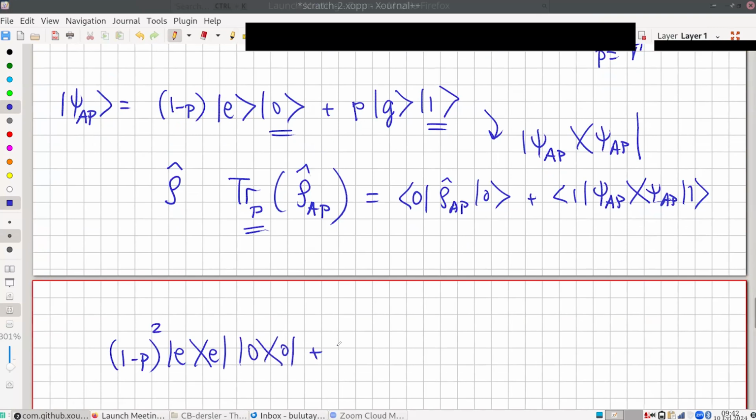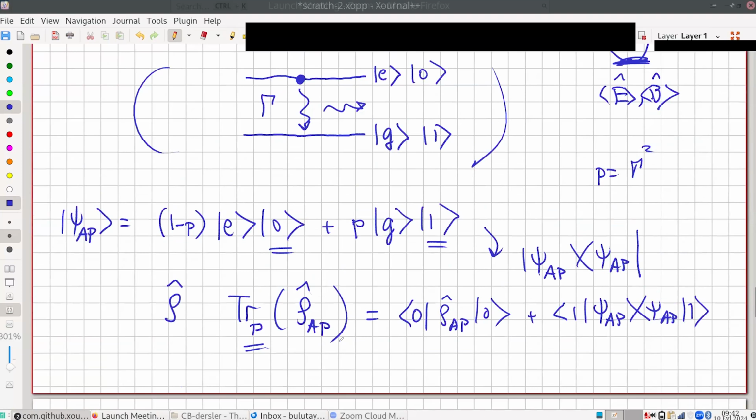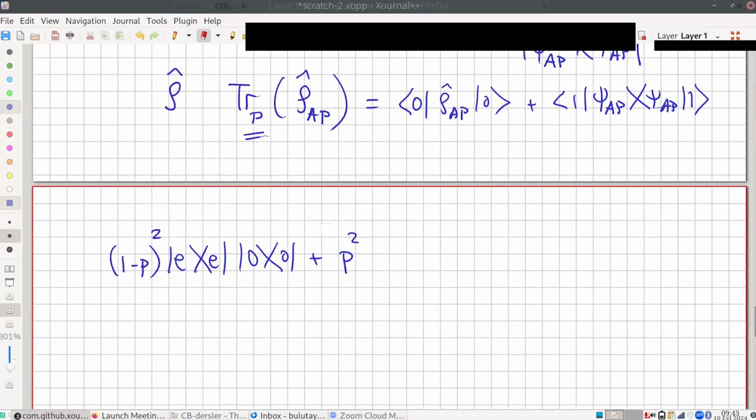These are the P squares. By the way, I think I have a squaring problem here. I guess P is just without the square. But anyway, so now we have a square.